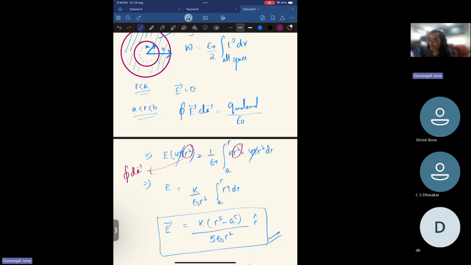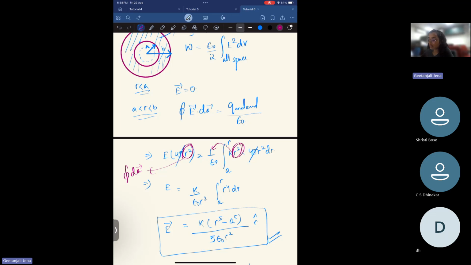When we take the integration of dA for the spherical surface, we get r square, right? But this r square is still inside the integration, so you can't take it out. You can only take out a constant from the integration. Like k is a constant here, so that's why you can take it out.